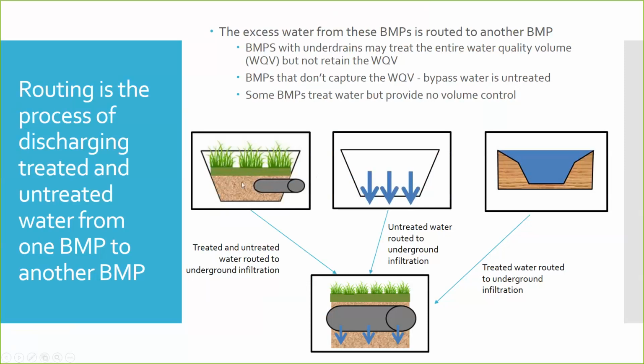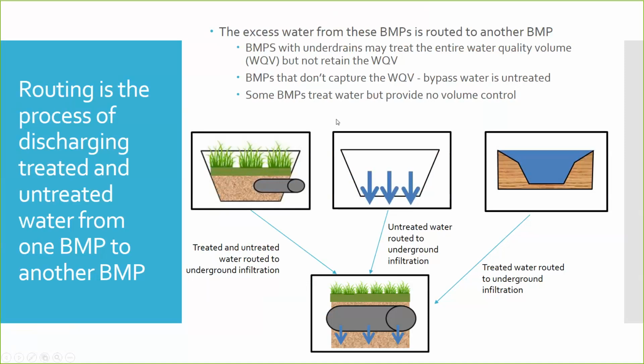The remaining water, which is treated, goes to the underdrain and is returned to the stormwater system. These BMPs typically will not achieve your volume performance goal, and therefore you have to route that excess water to another BMP down the treatment train if you want to get the performance goal achievement.